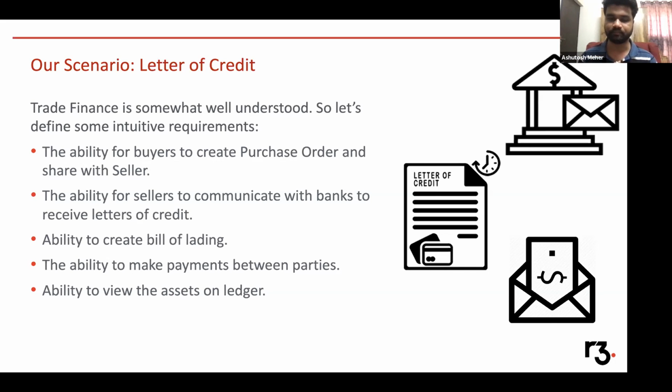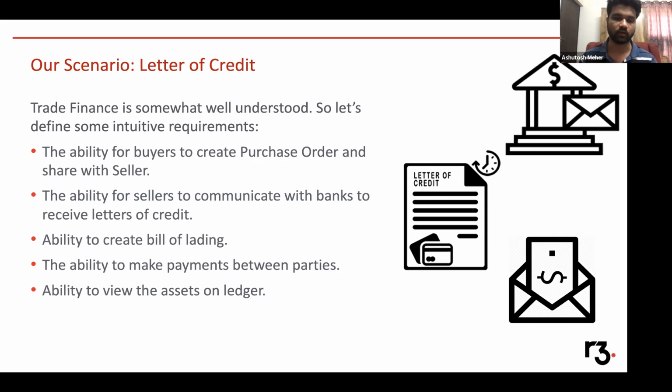So looking at the different steps that we have: our application should have the bare minimum functionality of creating a purchase order. The purchase order is the one where you agree to purchase some stuff from the seller. Then there is the ability for the buyers and sellers to communicate with the bank with regards to the letter of credit, and then create a bill of lading, which is generally what you create when you ship your goods, and then the ability to do the payments as well.